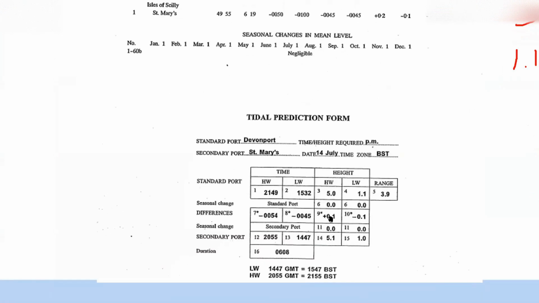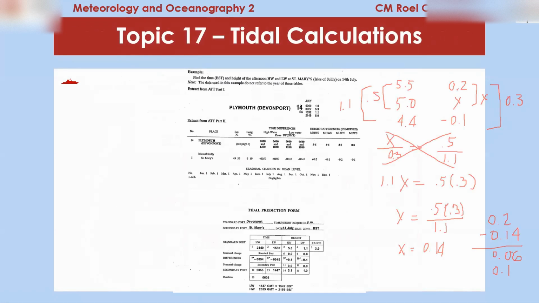Okay, tama. 0.1. So we need again to look for the low water. And then I will give you a hint about the extrapolation when we come back. Okay, so we will try to interpolate naman doon sa low water.